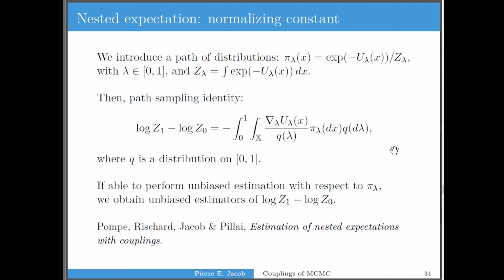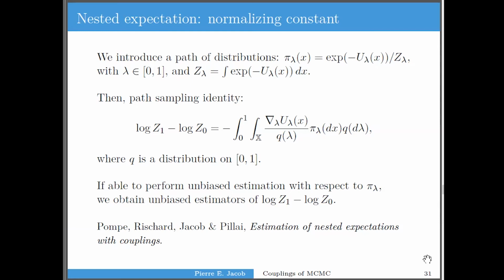Another application of this idea, apart from the cut, is if you're interested in, I'm going to go quite quickly on this because I want to talk about asymptotic variance. But basically, you can write, by the so-called path sampling identity or thermodynamic integration identity, the log normalizing constant as an integral over (0,1) of an integral with respect to a distribution π_λ, where λ indexes a bridge of distributions between π_0 and π, for example via tempering.